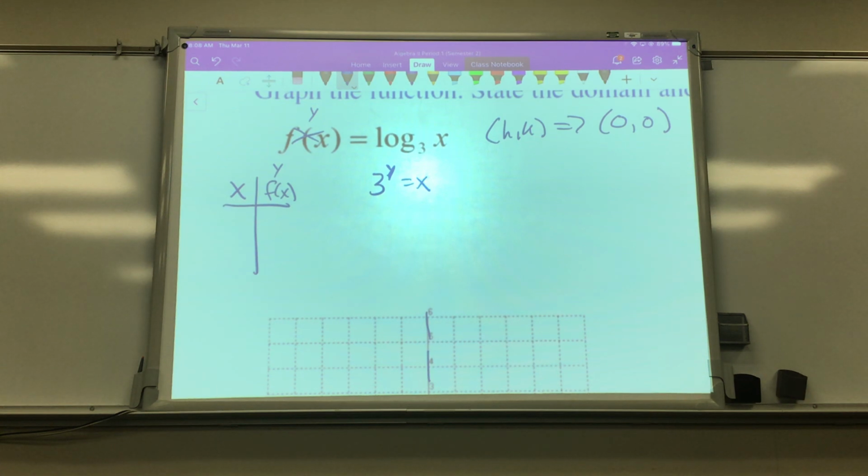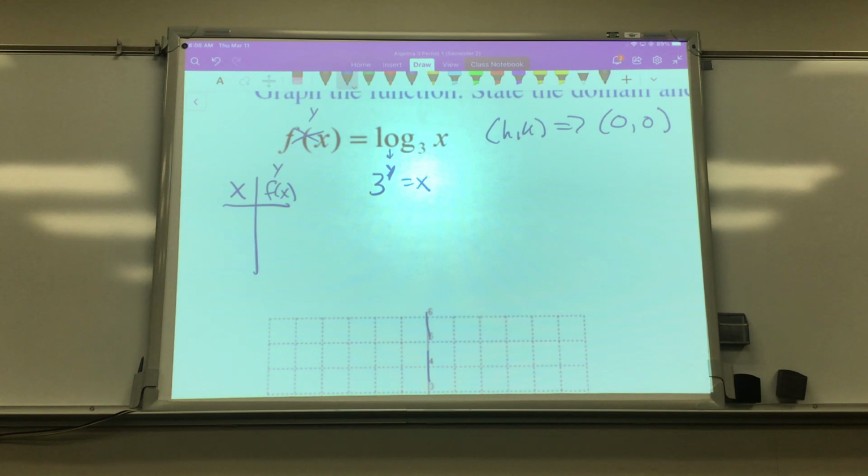So which values, the x or the y values, are going to make it easier for the table? If I take 3 to the y power, it's going to be easier to pick y values and get the x values, isn't it?